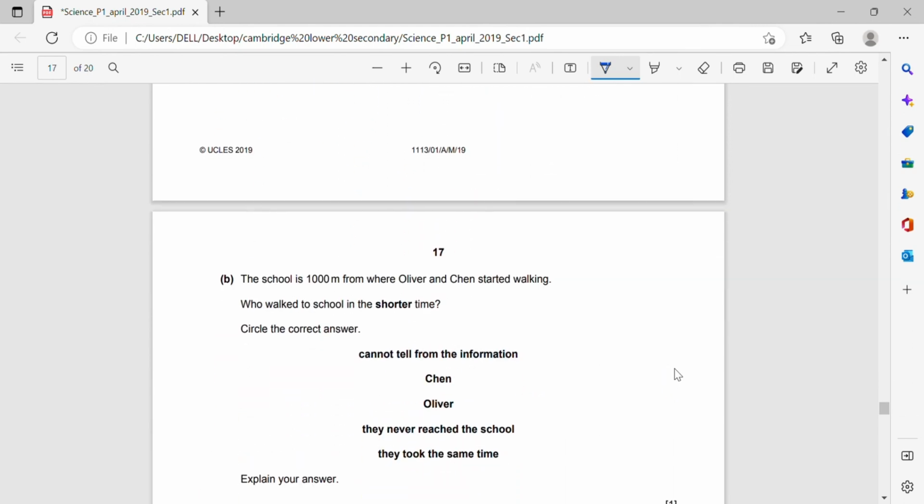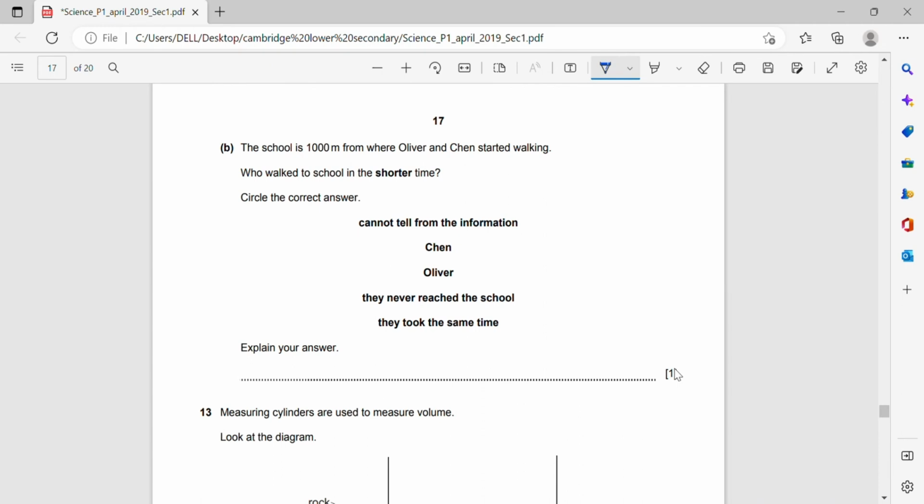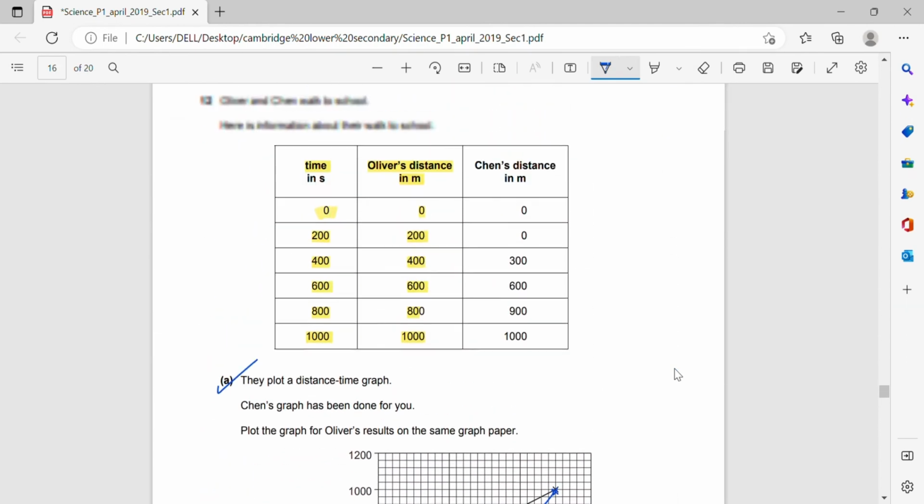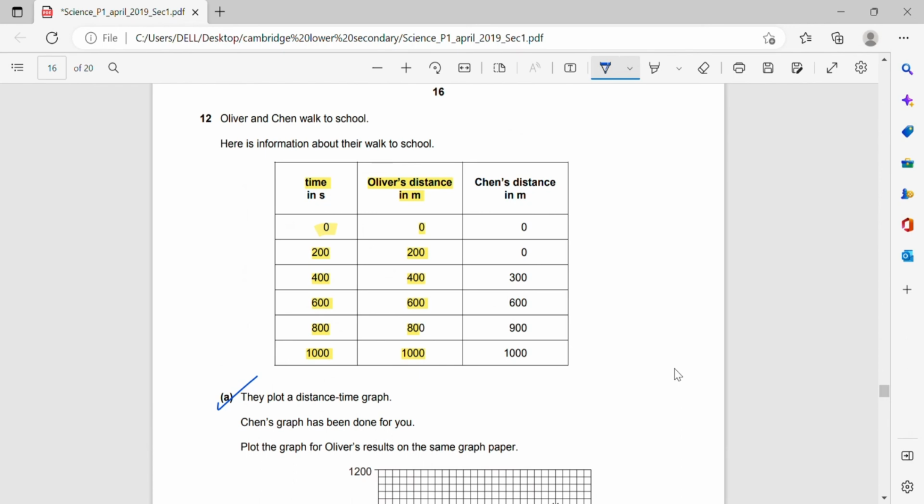What is the second part? It says the school is 1000 meters from where Oliver and Chen start walking. Who walked to school in the shorter time? Circle the correct answer. Then explain. The choices are: cannot tell from the information, Chen, Oliver, they never reached the school, or they took the same time. Looking at the time, we find they took the same time.